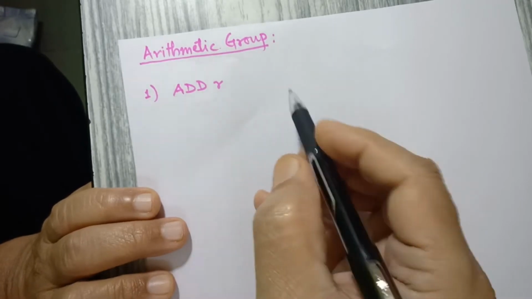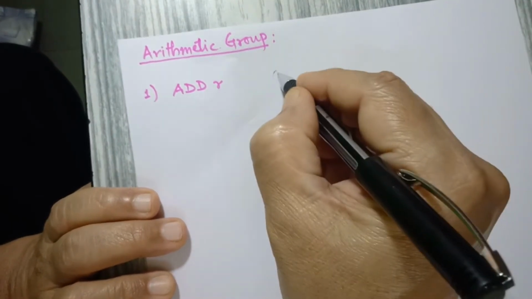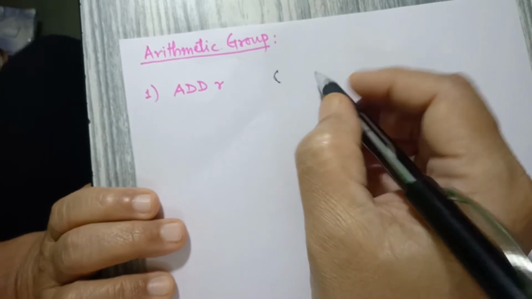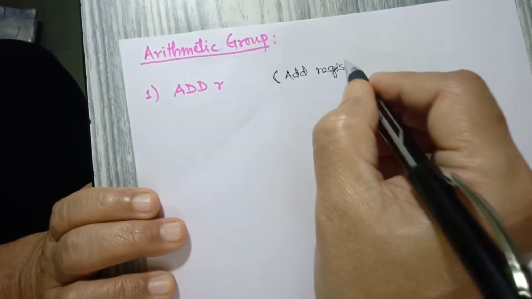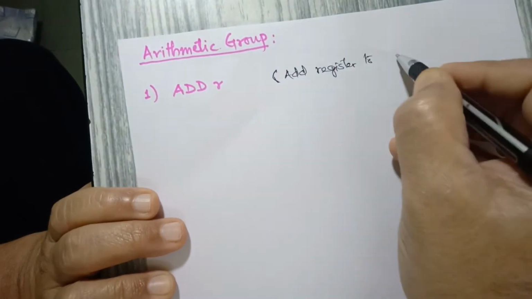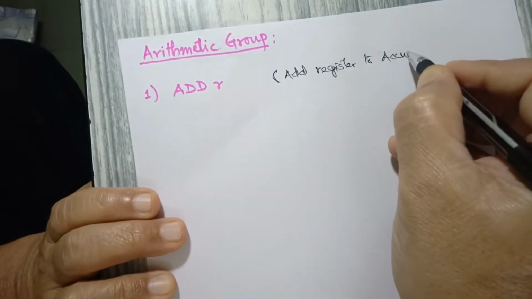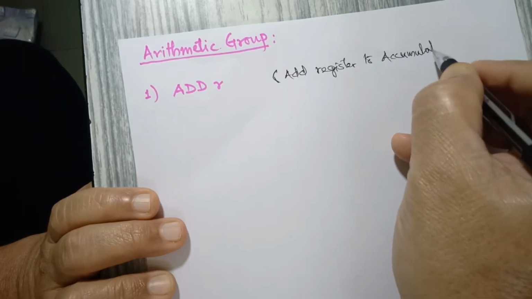ADD R, where R is any CPU register, means add register to accumulator.